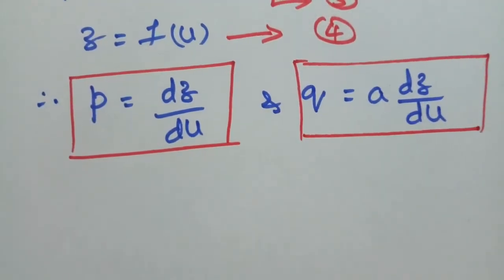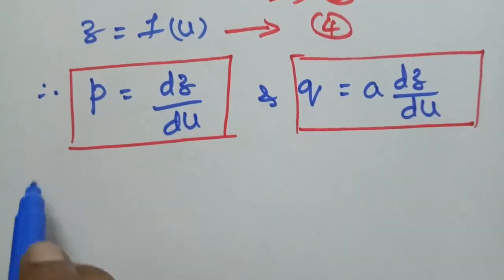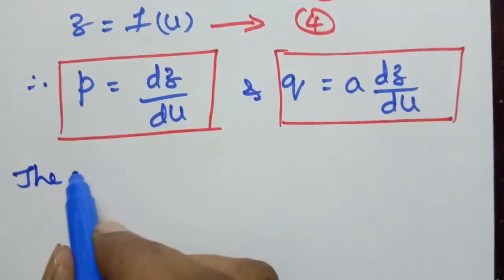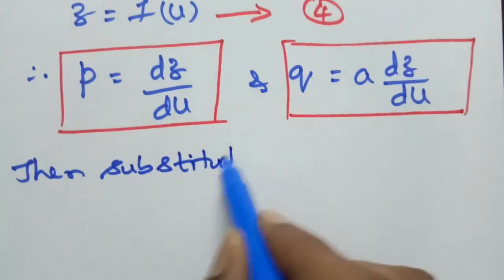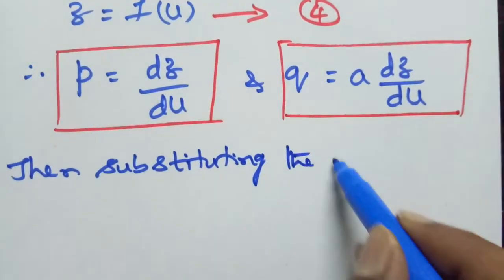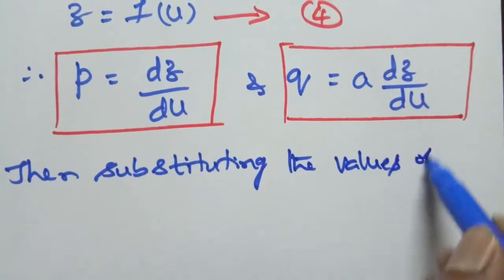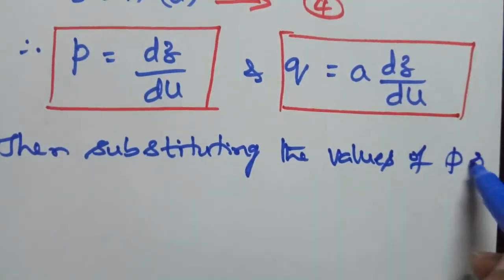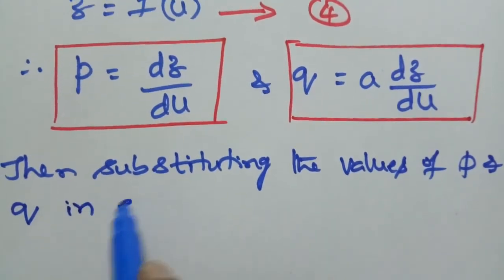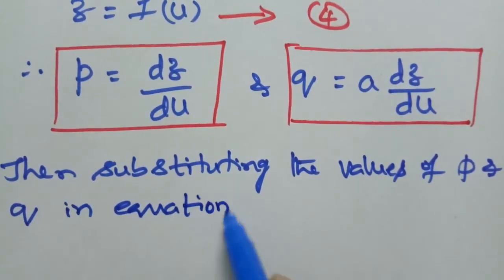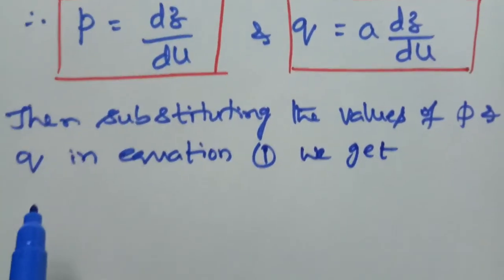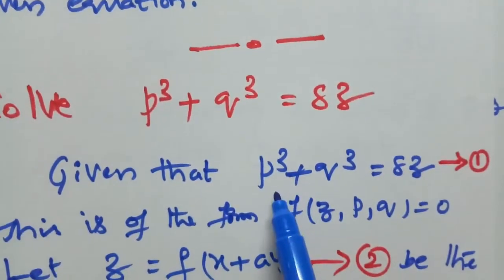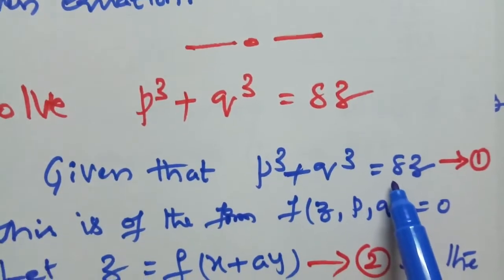Now substituting the values of p and q in equation number 1, that is in the given equation, we get equation 1: p cube plus q cube is equal to 8z.